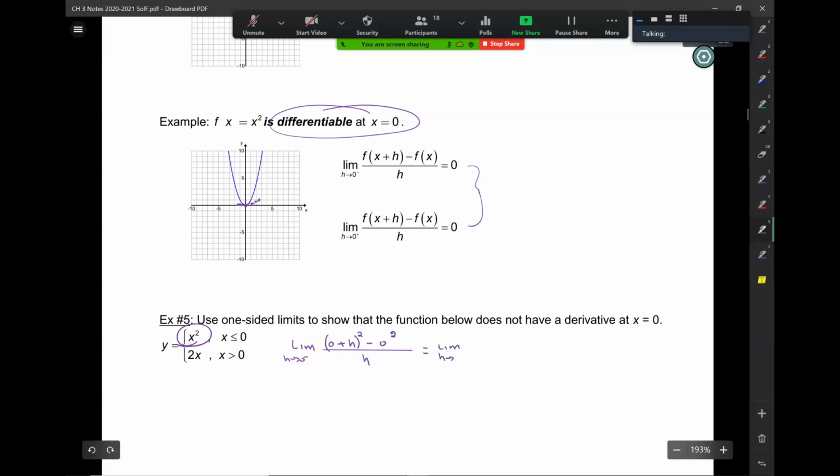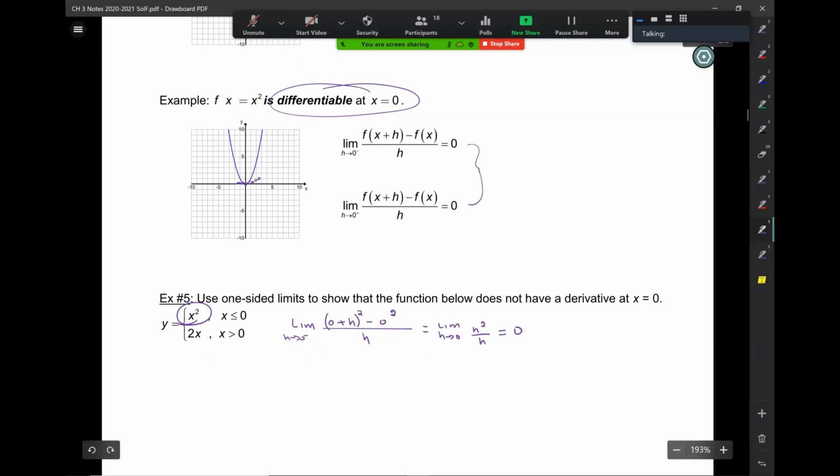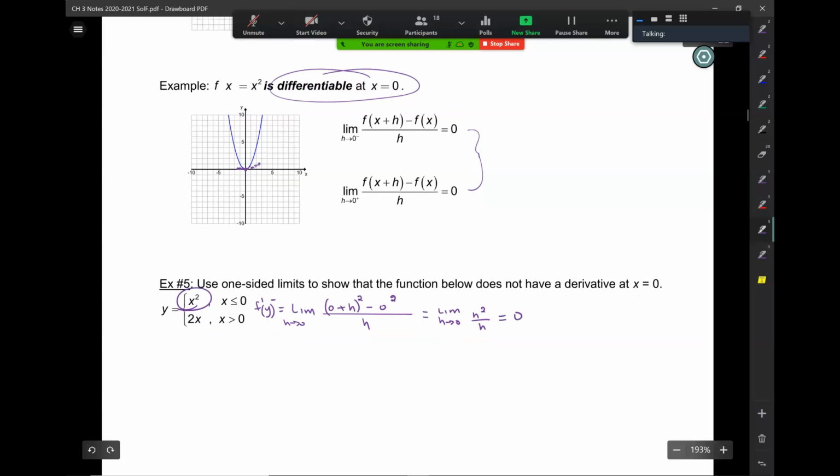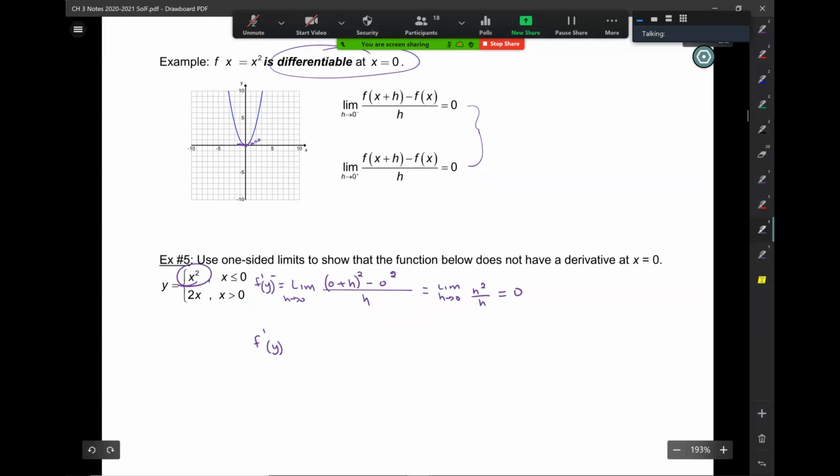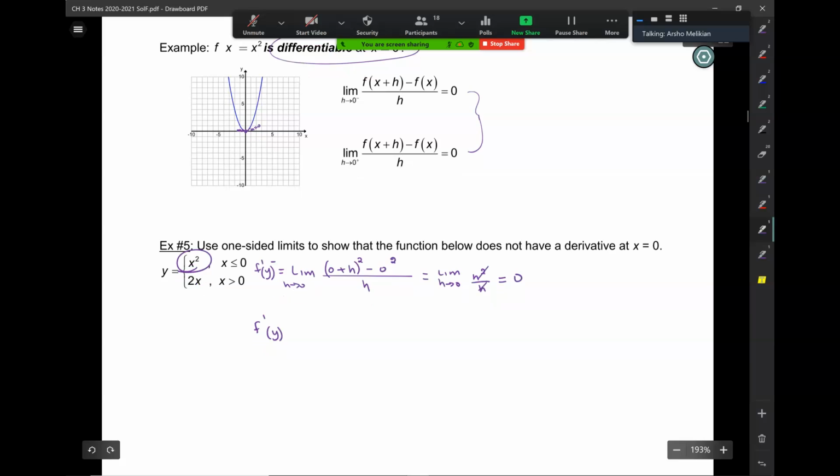And so this is h squared over h, which is 0. I'm going to call this f prime of 0 from the left-hand side. Does it exist because it's 0 over 0? No, it's not 0 over 0, because the h's go away, so it's h, and then it's 0.